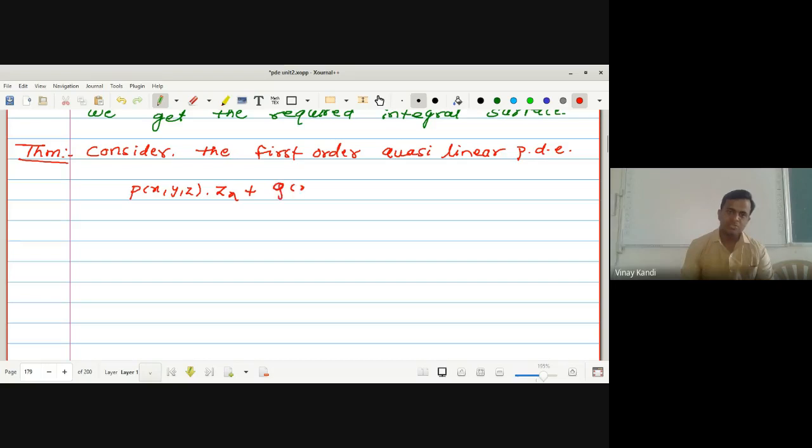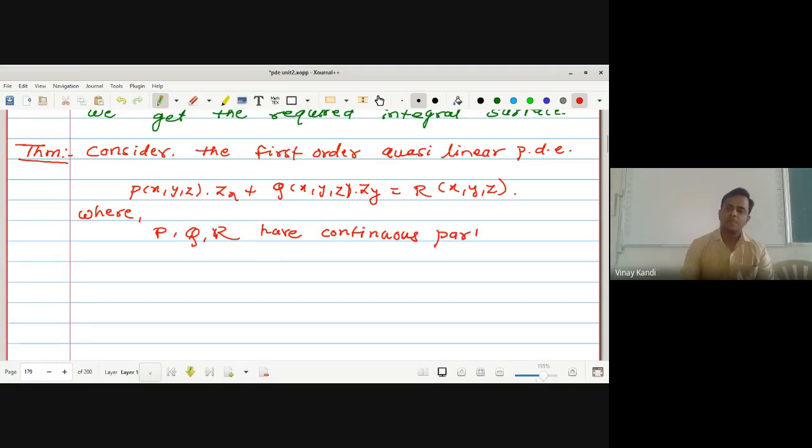Q is a function of x, y, z into z_y, that is small q. And R is a function of x, y, z, where capital P, capital Q, and capital R have continuous partial derivatives with respect to x, y, and z, and they do not vanish simultaneously.